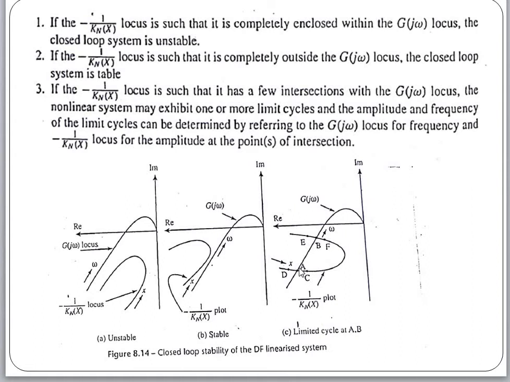The amplitude and frequency of those limit cycles can be determined from the G(j omega) locus and the minus 1 by Kn(x) locus. One more thing: these limit cycles may be stable limit cycles or unstable limit cycles.